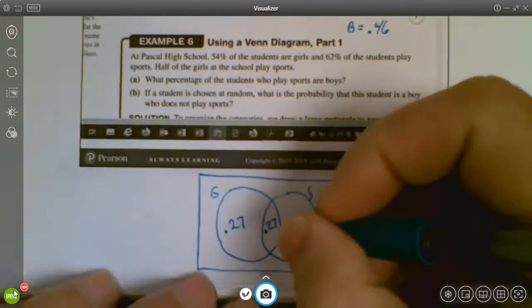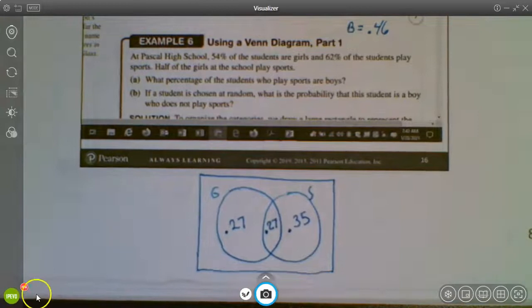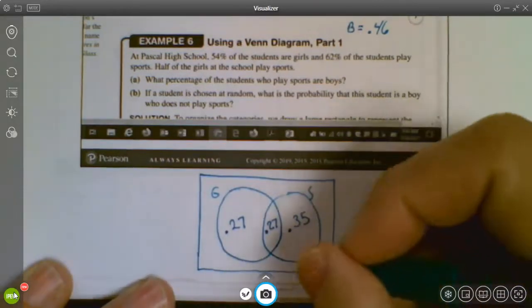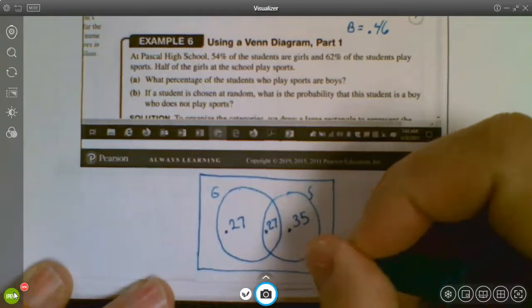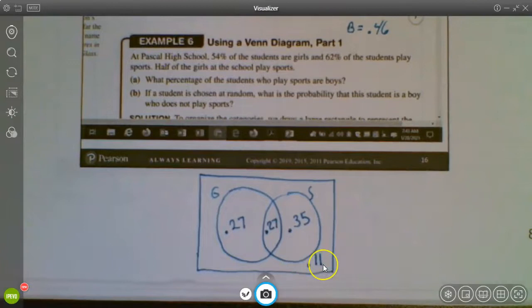So that means 35% of the students do sports only. Okay, so what does that leave us with for out here? So if we add those three numbers together, so if we did 54 plus 35, what does that give us? 89%. So if there's 89% within these categories, that means there's a remaining 11% out here that is neither one. So these 11% are people that are not girls or do not play sports.